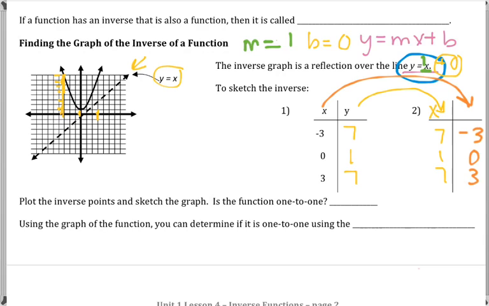So let's see who remembers how to graph points. Once you've got your 3 points graphed, draw in a little sideways parabola.